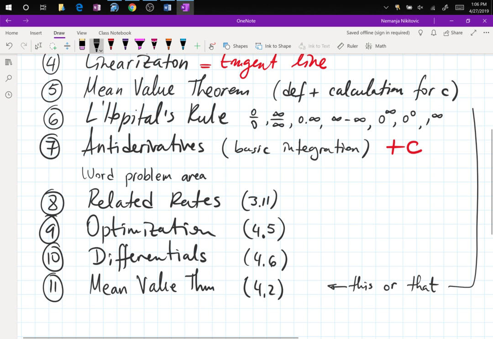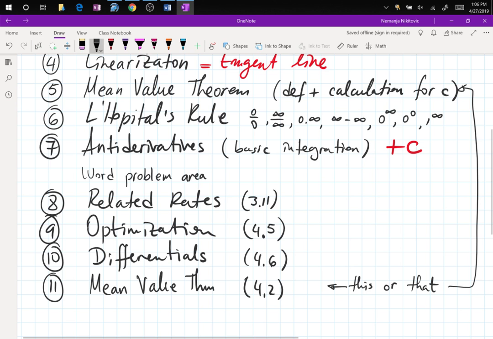So you're not going to have two mean value problems. So it's either going to be a vanilla problem where you get to calculate C and you are done, or it's going to be a word problem. So minimum number of word problems is 2, maximum number of word problems is 3. So 2 or 3 word problems.